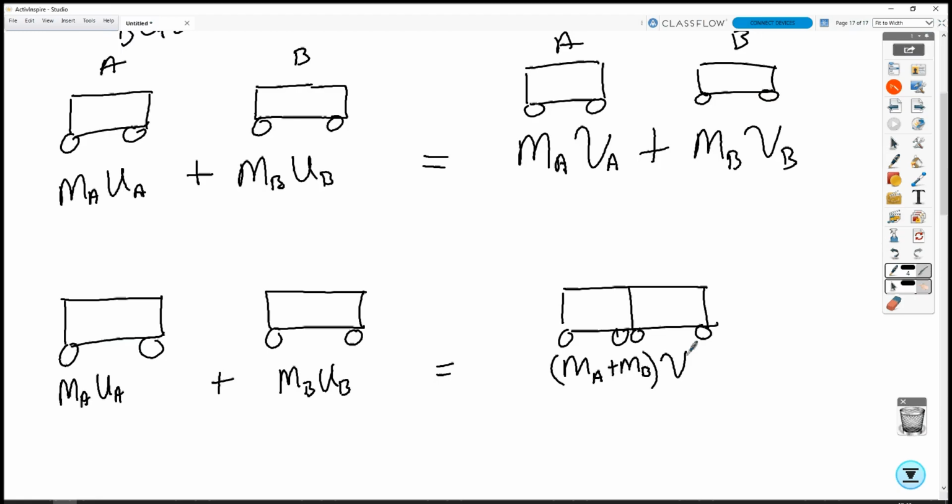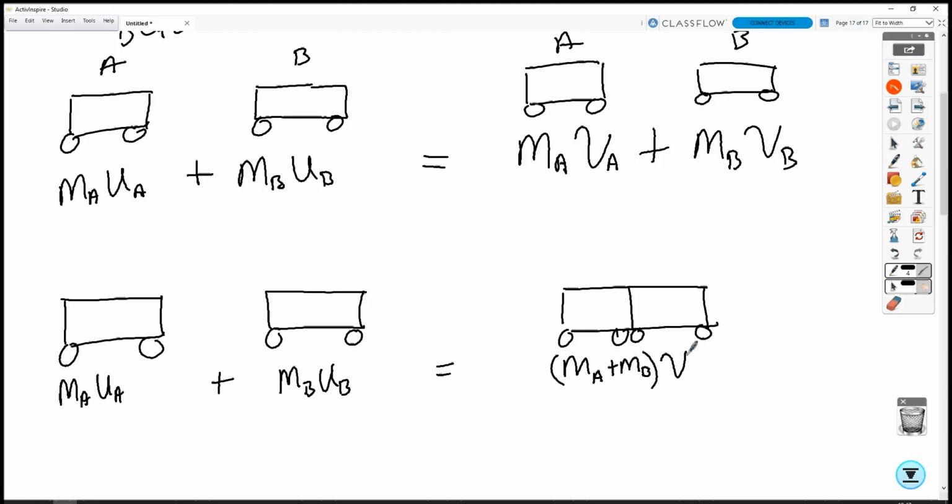So if they're both moving to the right, A has to be moving faster. Because if B is moving faster in the same direction, then A will never catch up and collide. Or B has to be moving in the opposite direction to A, so towards A. And A is moving towards B.